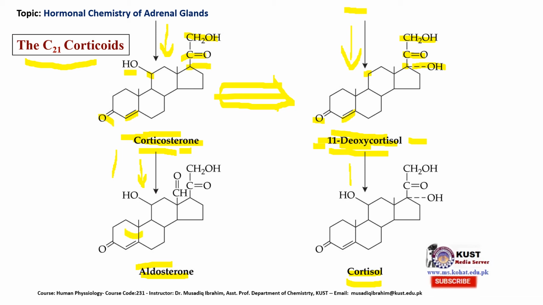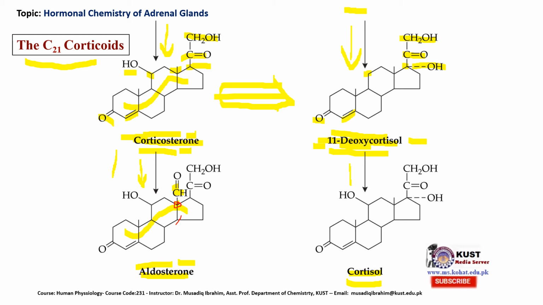The rest of the structure in case of corticosterone and aldosterone remains the same, and the only difference is an aldehyde group which appears at carbon number 13, while in case of corticosterone at carbon number 13 you have a methyl group, while in case of aldosterone at carbon number 13 you have an aldehyde group, and the rest of the structure is the same.